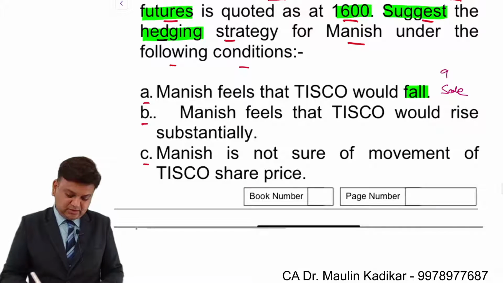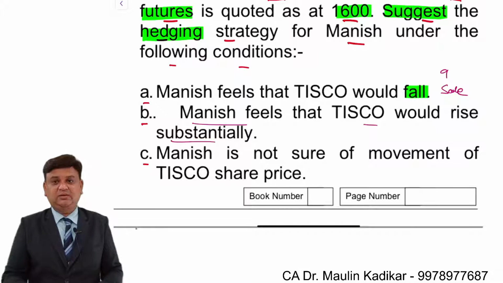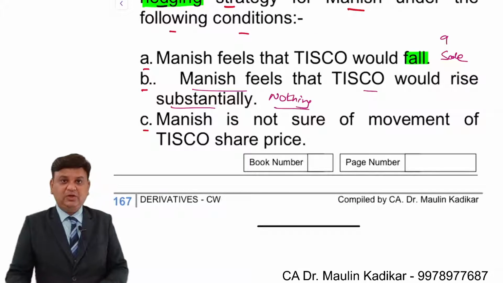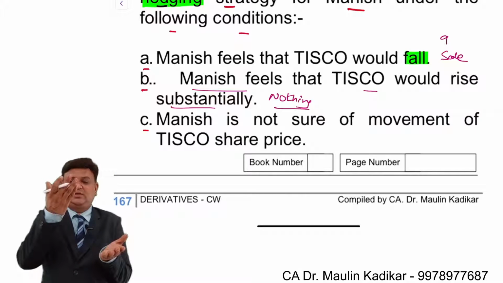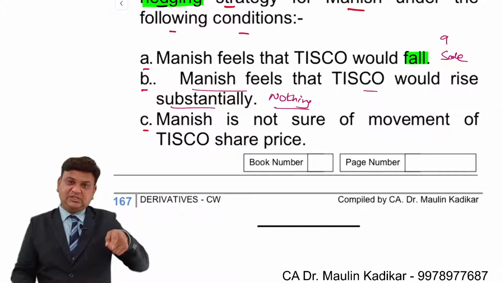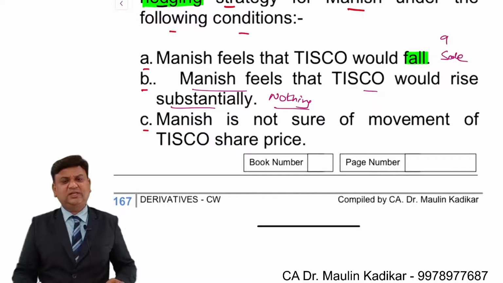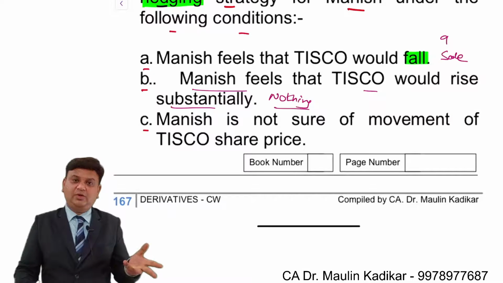That is first. Mr. Manish feels that TISCO would rise substantially. So we can say that you don't have to do anything. You already have a long position and you are expecting that it is going to rise. The question says that you are required to suggest a hedging strategy, but over here there is no question of suggesting any contracts to be sold.